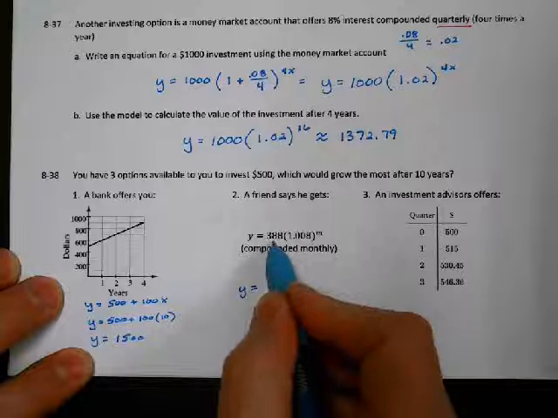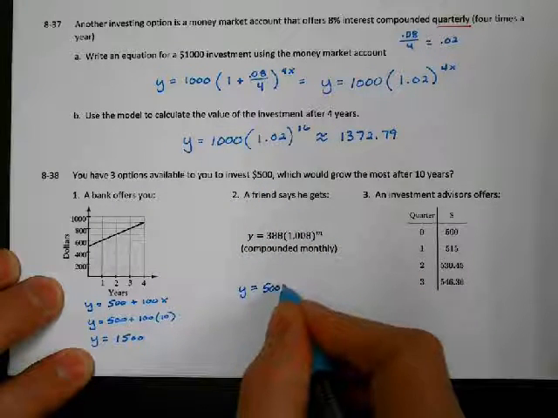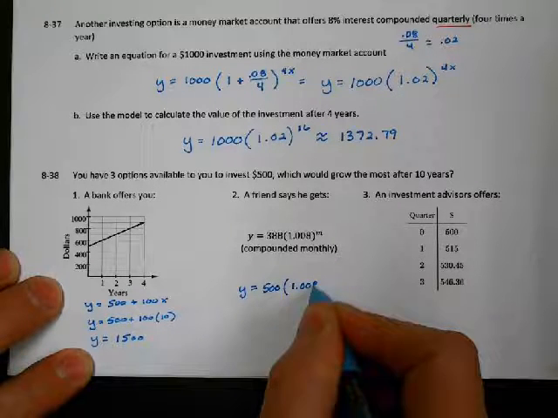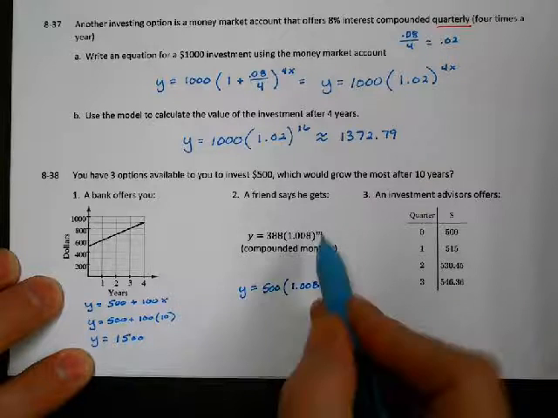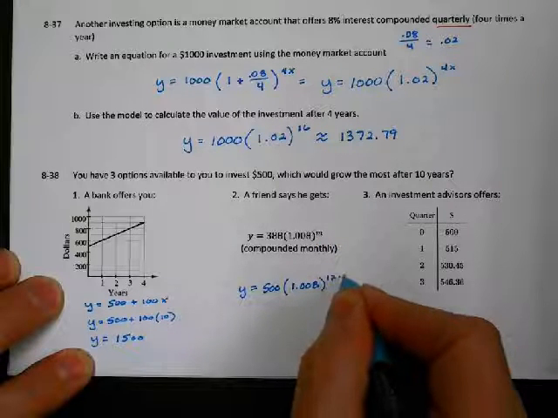And it's 1.008. And then this is the number of months. So we're going to do 12 times 10, because now we've got 10 years to work with. So that's 120 time periods there.